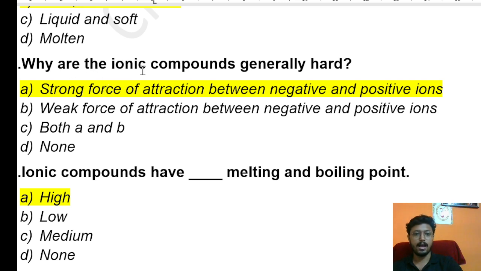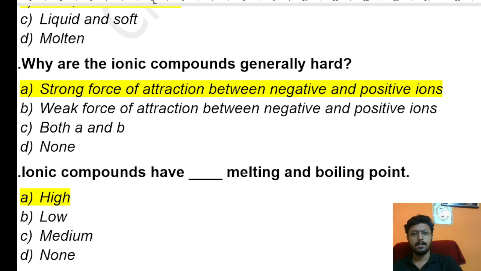Why are ionic compounds generally hard? Okay, dear students, ionic compounds are generally hard because of the force of attraction between negative and positive ions, which interact with each other.